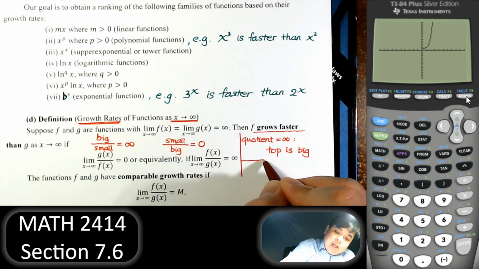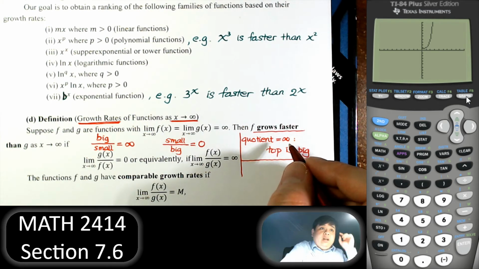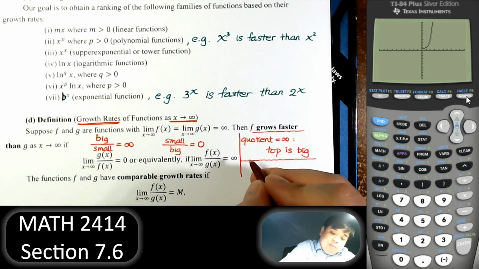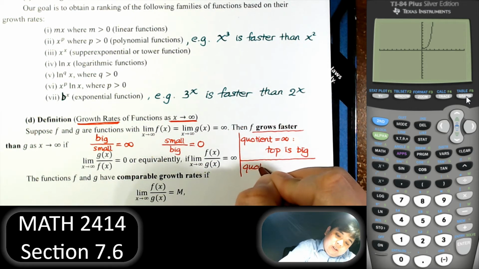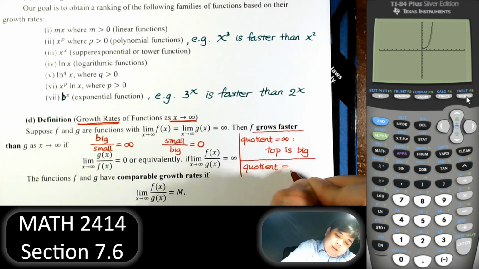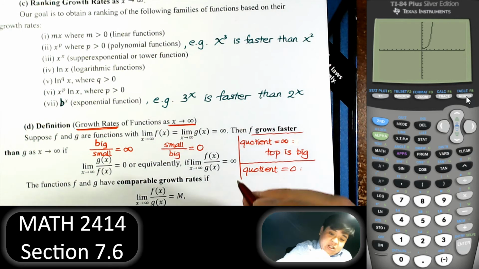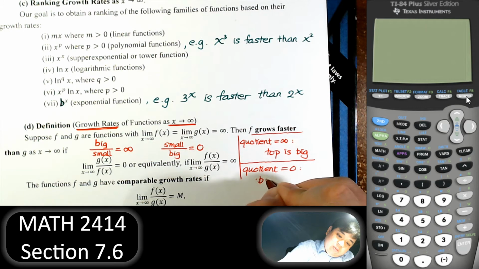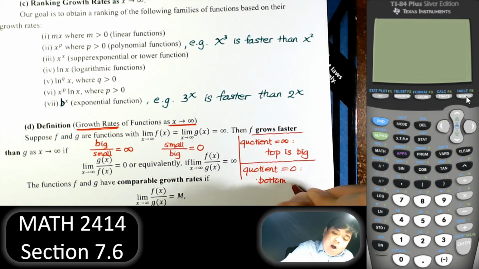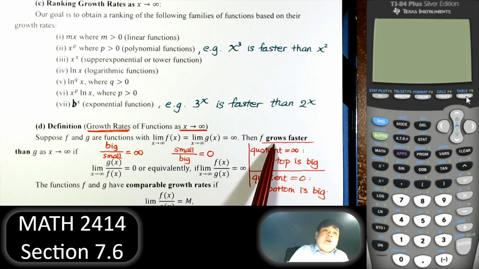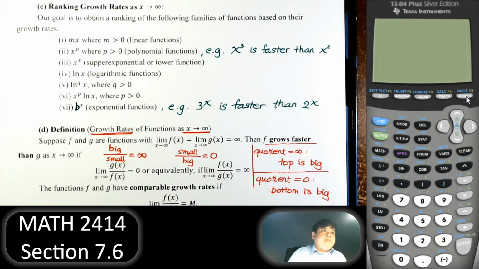So the quotient equals infinity, the top is going to be very big, or the top function goes very fast to infinity. But if the quotient goes to 0, that means the bottom has to be very big. We only have a small amount divided by a huge number. That's going to be 0. So the quotient equals 0, the bottom is a lot bigger than the top. And by a lot bigger, we mean it grows faster to infinity.